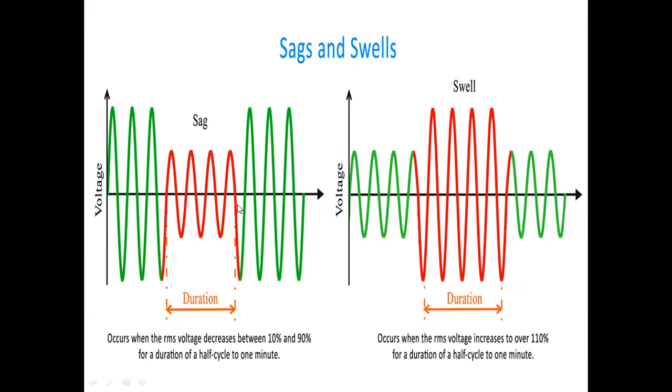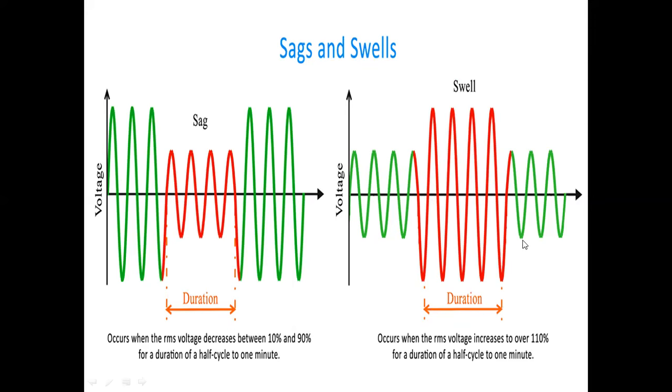For a voltage less than 1 minute, from half cycle to 1 minute only, we consider it a sag. Above 1 minute is called under voltage. Here, voltage swell: when the RMS voltage increases over 110% for a duration of half cycle to 1 minute. Okay, this is half cycle to 1 minute.